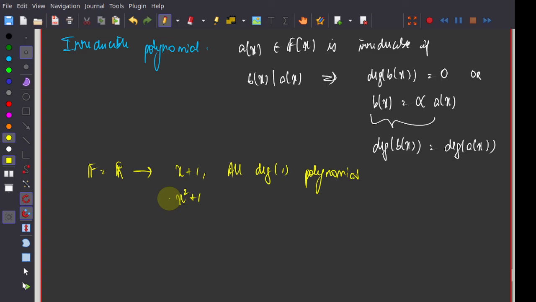So let's look at polynomials of degree 3. Is it possible to find an irreducible polynomial of degree 3? Yeah. If we have it.